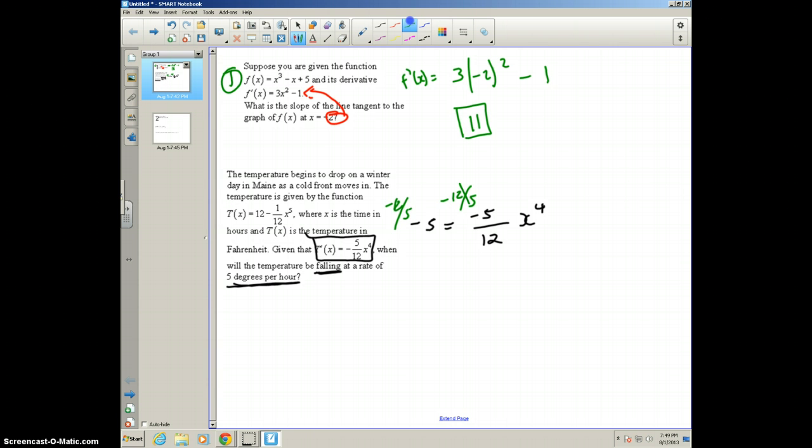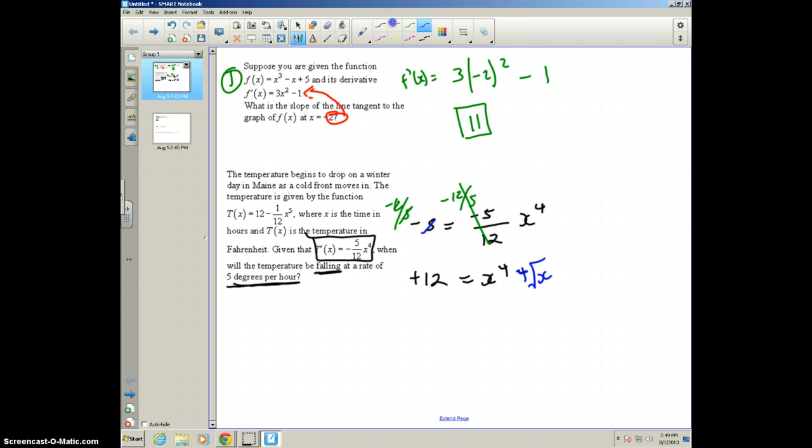When we do so, the 5's cancel as such, and we are left with a positive 12. So we're left with 12 equals x to the 4th. Now we have to take the 4th root of x to the 4th, so we're going to multiply by the 4th root of x.